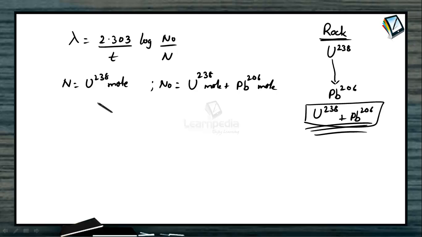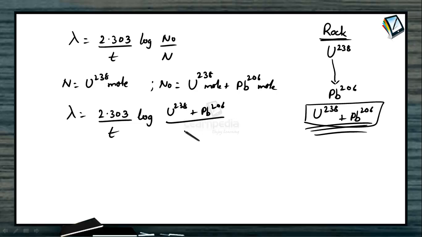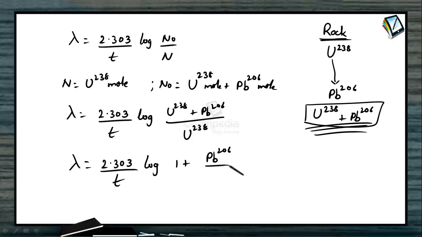Then after substituting in this particular expression, we get lambda is equal to 2.303 by T into log of uranium-238 moles plus Pb206 moles, which is nothing but N0, upon number of moles of uranium-238, which is nothing but N. And this becomes lambda is equal to 2.303 by T into log 1 plus Pb206 upon uranium-238.